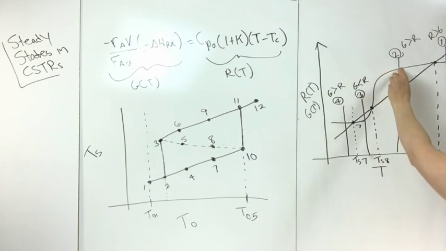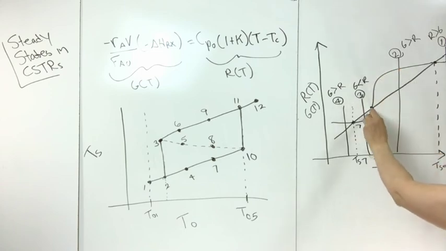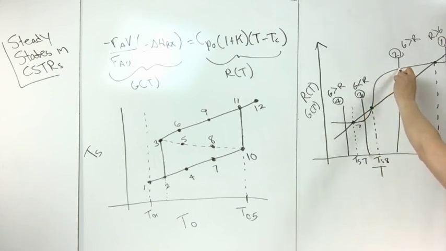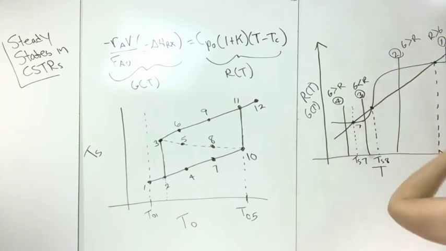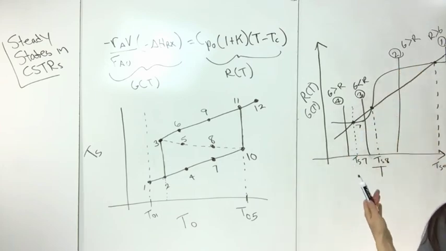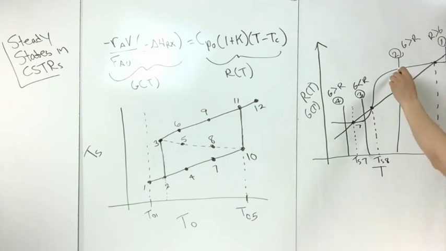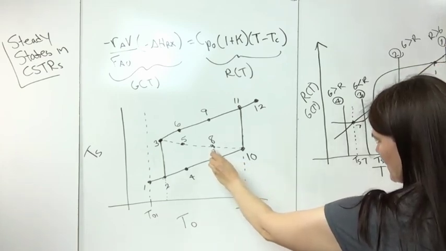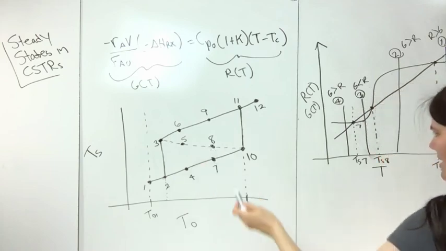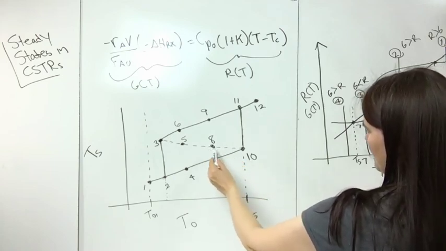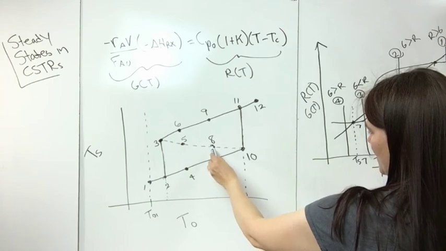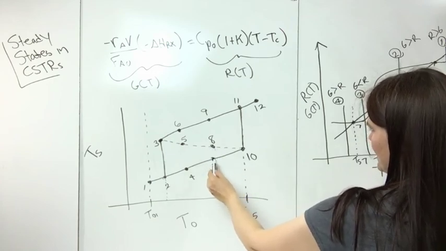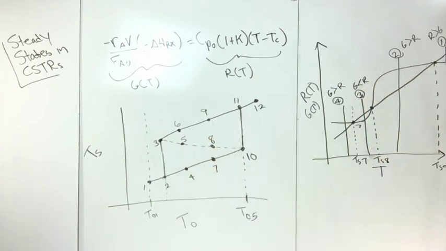Whereas going the other way, the heat generating is greater than the heat removing, so the temperature will continue to increase until you get to 9, because you would land up here. So basically, this point would be considered unstable, because if you move even a teeny bit off this temperature, then it'll either decrease to 7 or increase to 9.